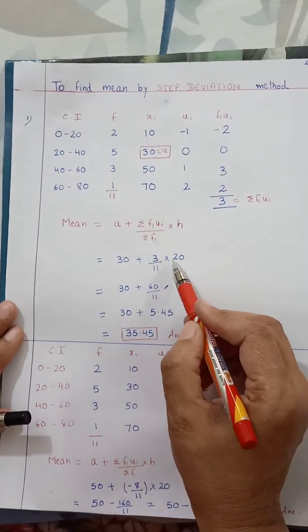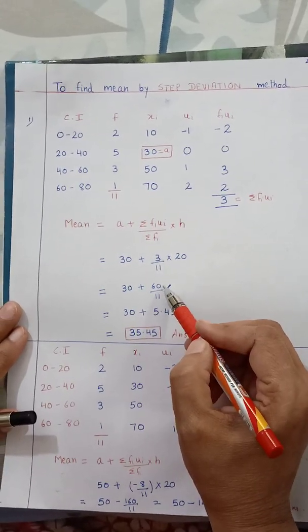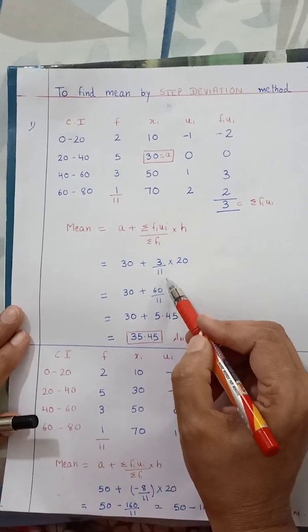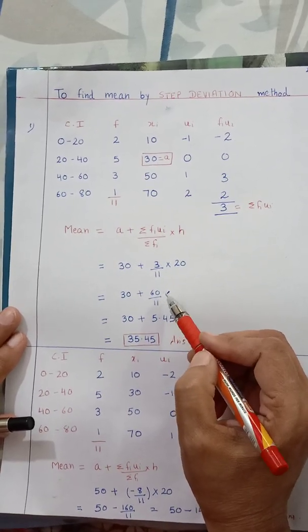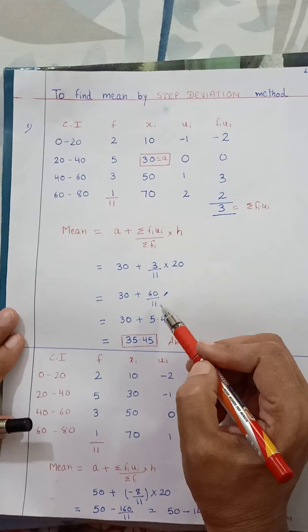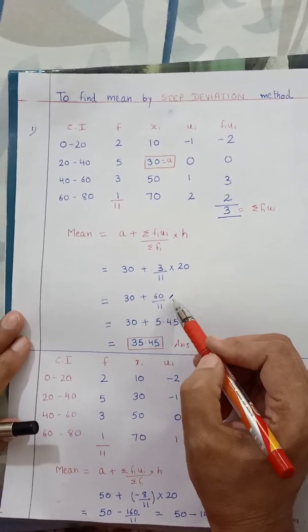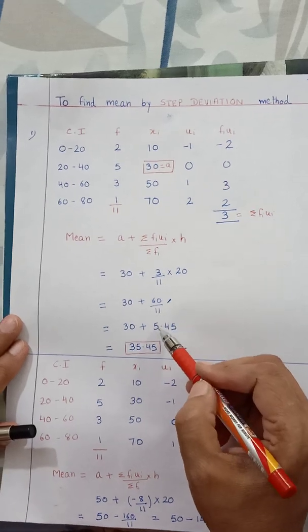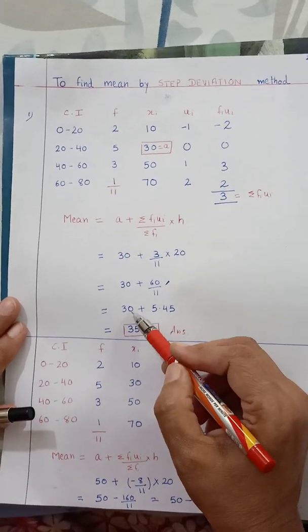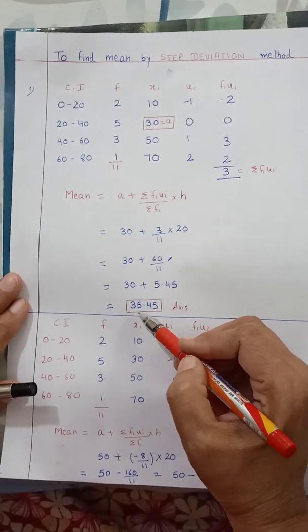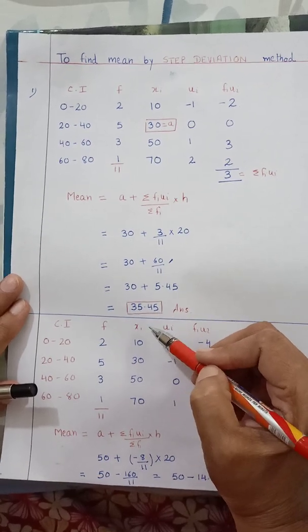Now 3 into 20 is 60. So 60 upon 11. I suggest don't try to take LCM. Simply solve this part. This part is nothing but 5.45, and adding 30 to it, we get 35.45.